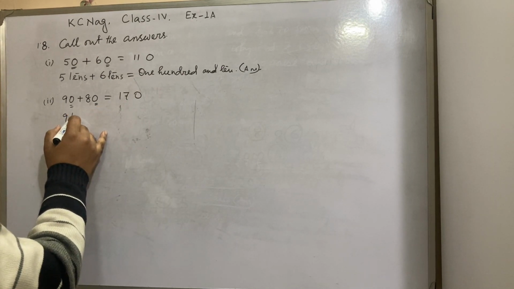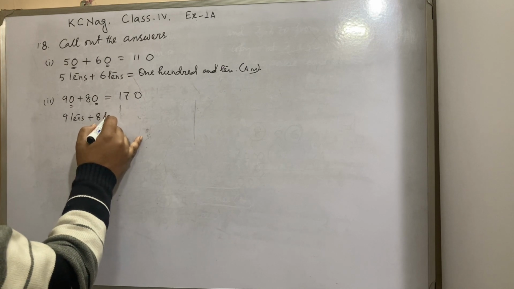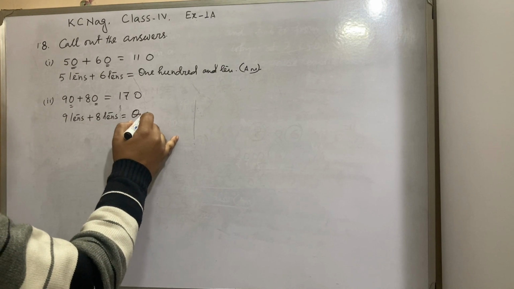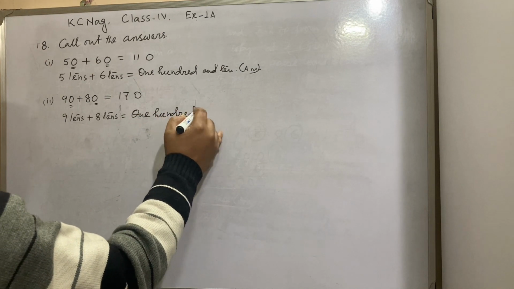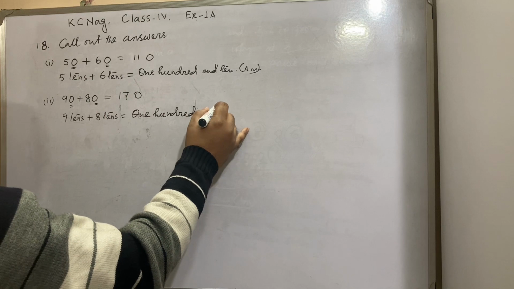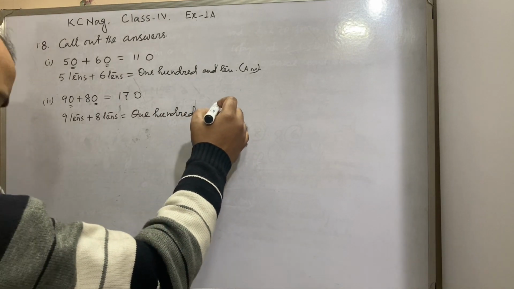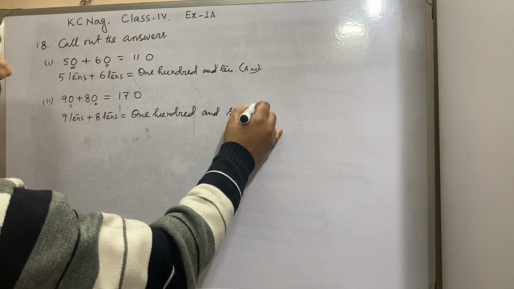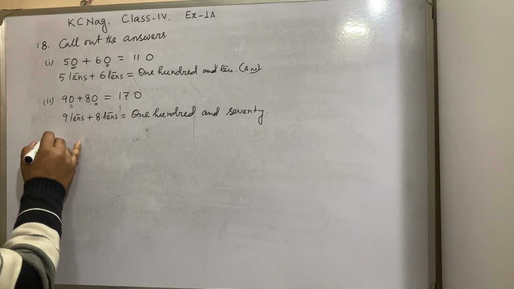That means 9 tens plus 8 tens is equal to 170.